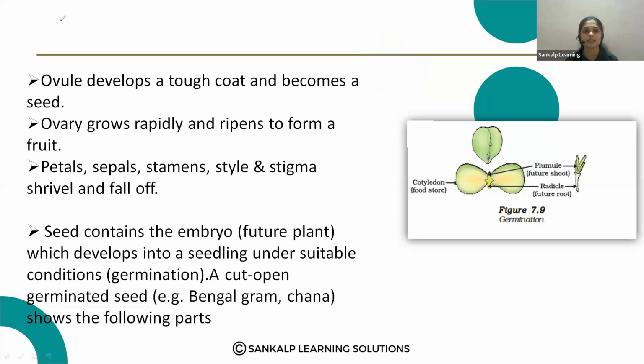Okay, so I want to repeat that. First thing, male gametes are produced in the pollen grains, which are produced by the anthers, and female gametes are inside the ovary.